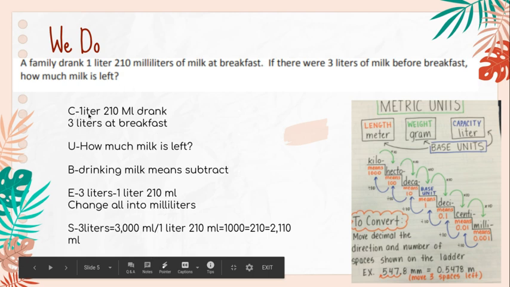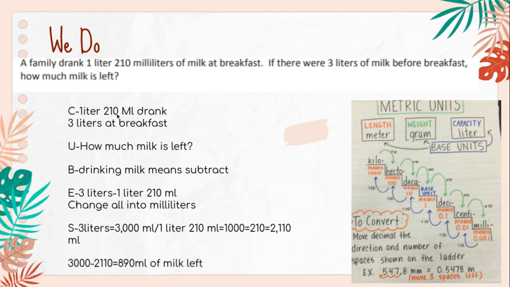I have 1 liter and 210 milliliters were drank at breakfast, and I know that I had 3 liters altogether. Underline the question. The question is how much milk is left. That's what I want to find out. B is box important words to help you understand what you need to do.